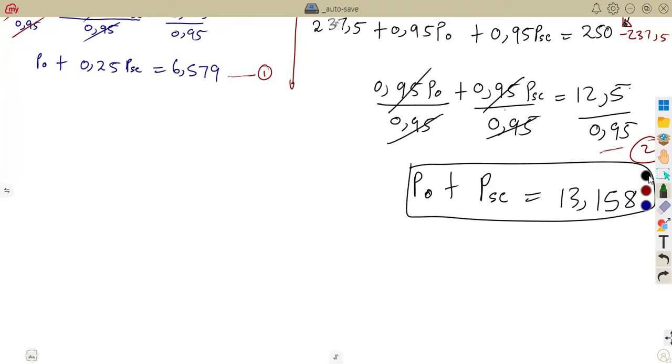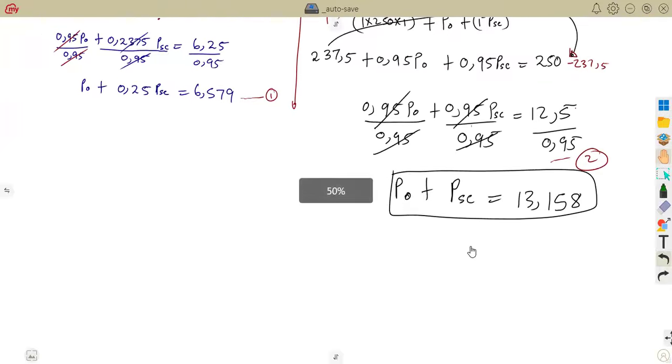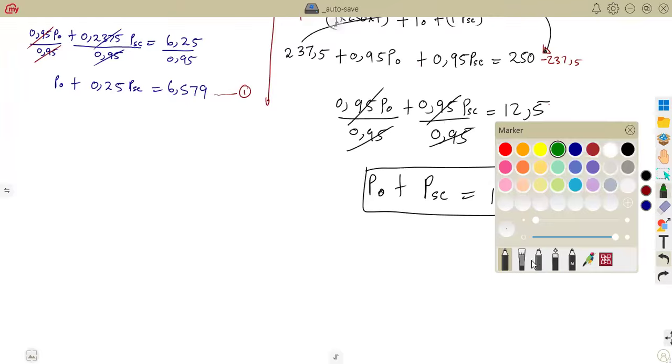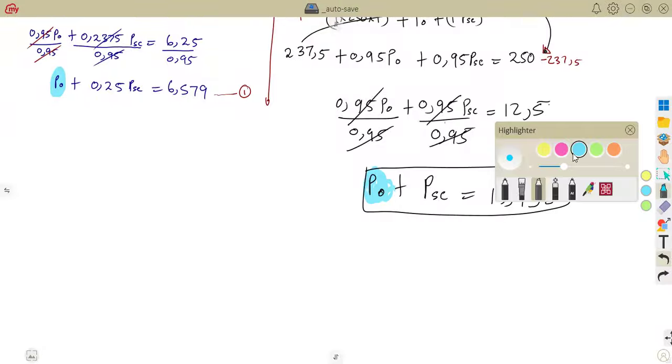As for me, I was just going to do it this way, guys, because I can see that these two are the same. This one, P open, and this one, P open here. We do not have anything that is affecting. So yes, I can use the substitution method.